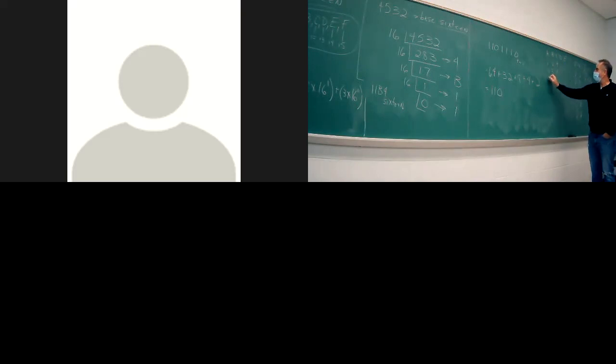So I put a 5 here and a 5 here. 6 is 2 plus 4. So 6 and a 6. 7 is 1 plus 2 plus 4.